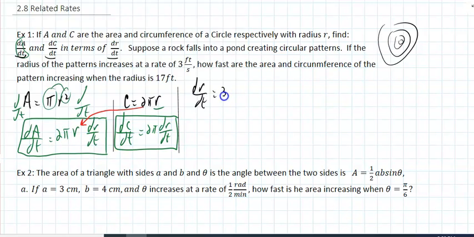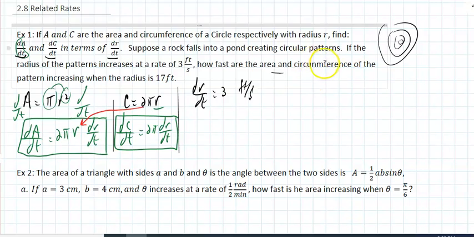If the radius increases at 3 feet per second, how fast are the area and circumference of the pattern increasing when the radius is 17 feet?